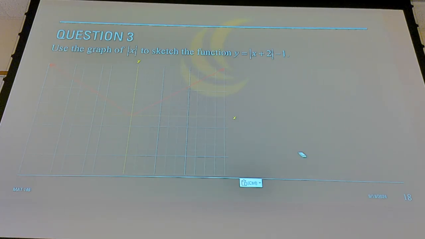Absolute value of x plus 2 minus 1. So what's going to happen to the original?